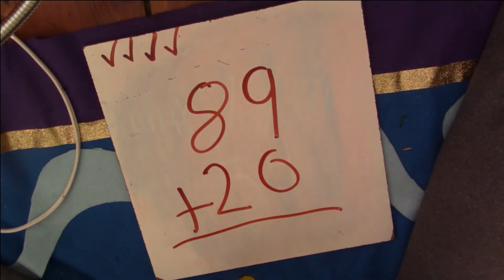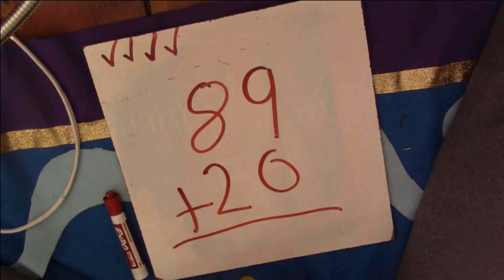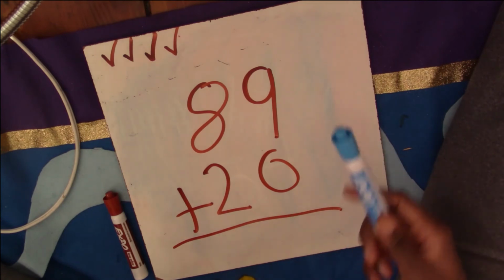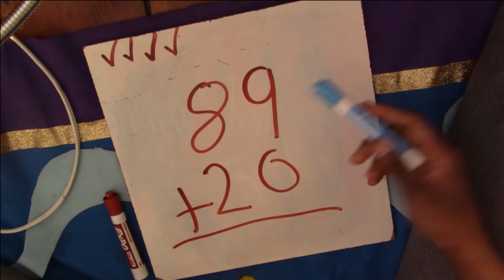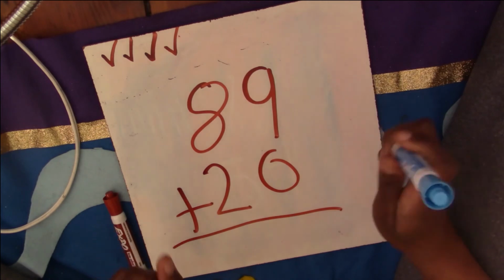Okay, let's do 89 plus 20. All right. Go ahead and solve the problem. Come back and check with me to make sure you got it right. So solve it and pause it.